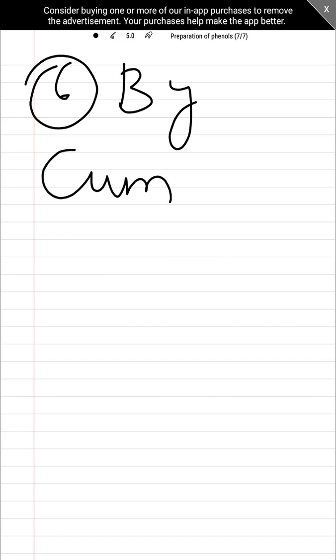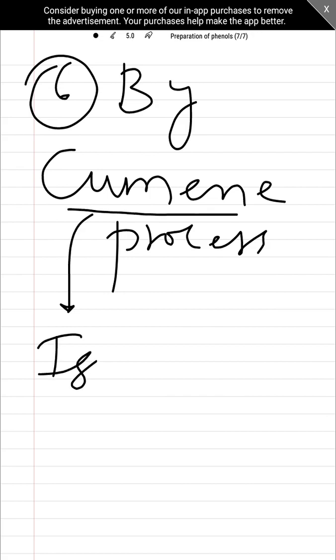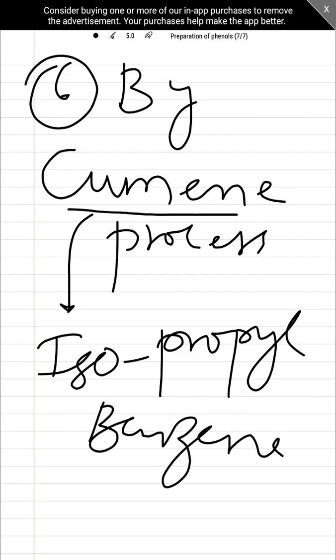Before going to the method, we'll see what cumene is. Many times in competitive exams they have asked the common name of cumene. Cumene is nothing but isopropyl benzene.